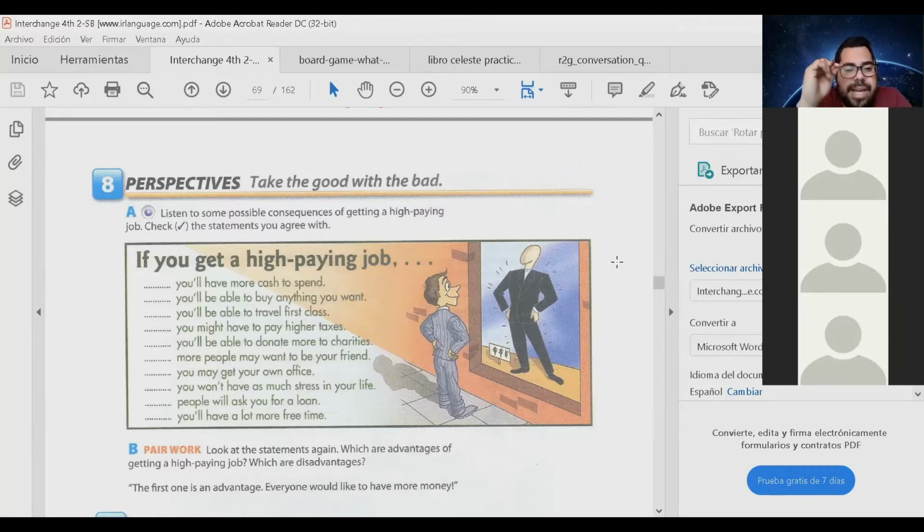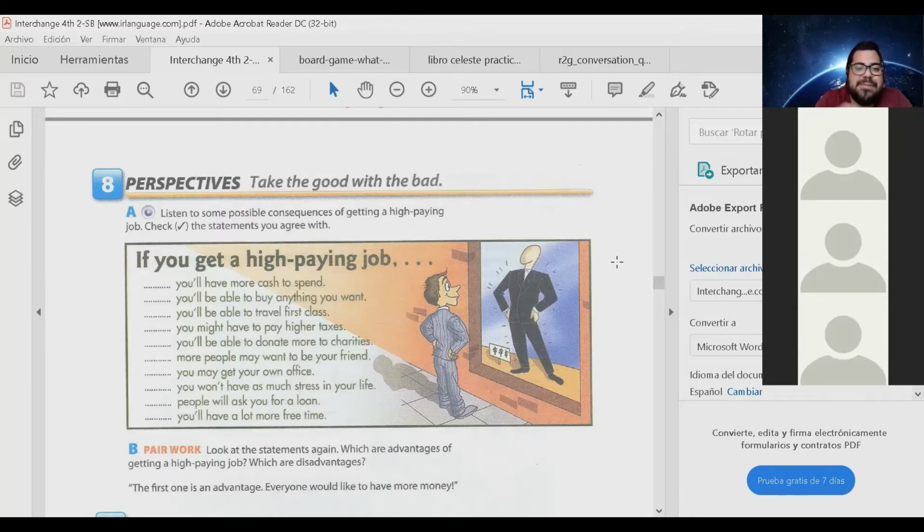You will be able to donate more to charities. The next one, Hadil. More people may want to be your friend. Well, that's true, guys.